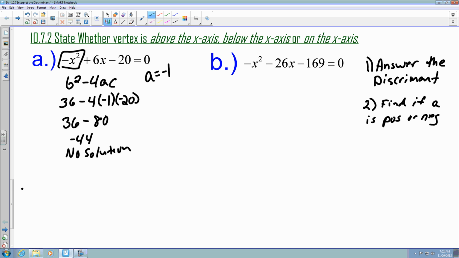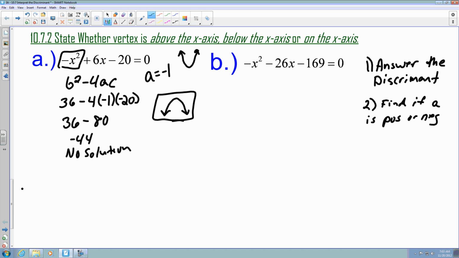And we learned in previous sections that if our A is negative, our graph will have a downward approach, something like this. And if our A is positive, it'll have an upward direction like this. So since our A is negative, we know that it's going to look something sort of like this.